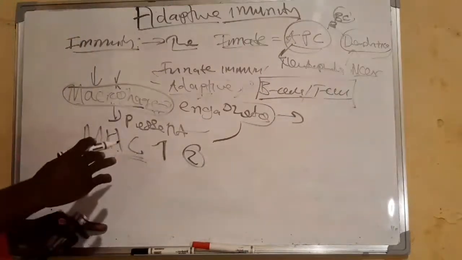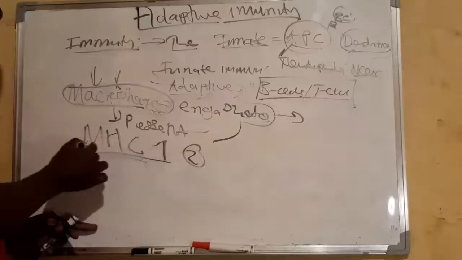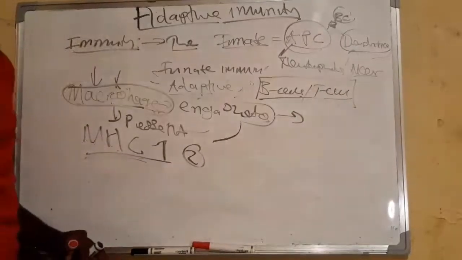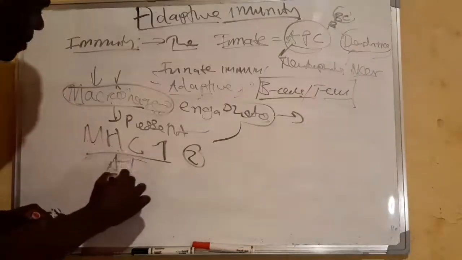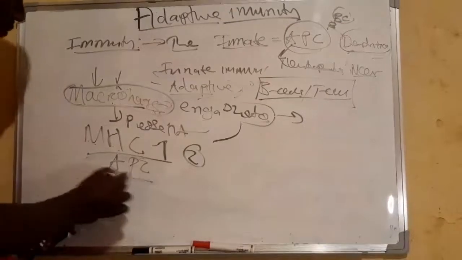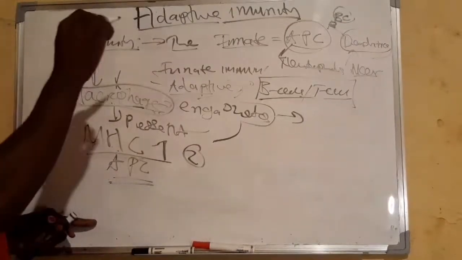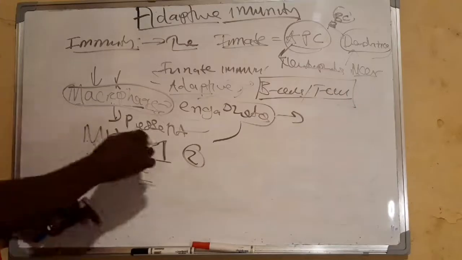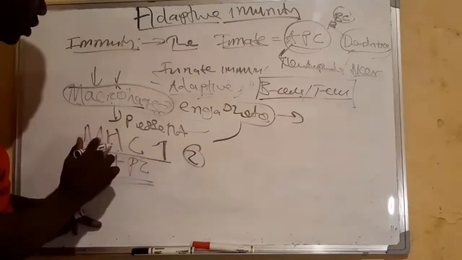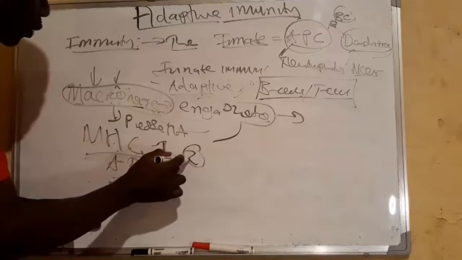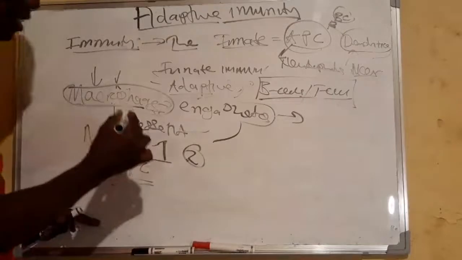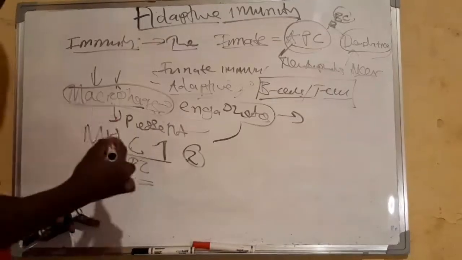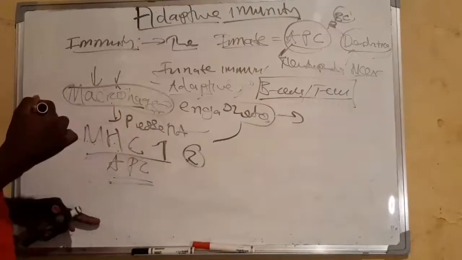So basically, the B cells have this type of major histocompatibility 2. It's 2, not 1, it's 2. Major histocompatibility 2 is the protein that is expressed on the surface of antigen presenting cells.